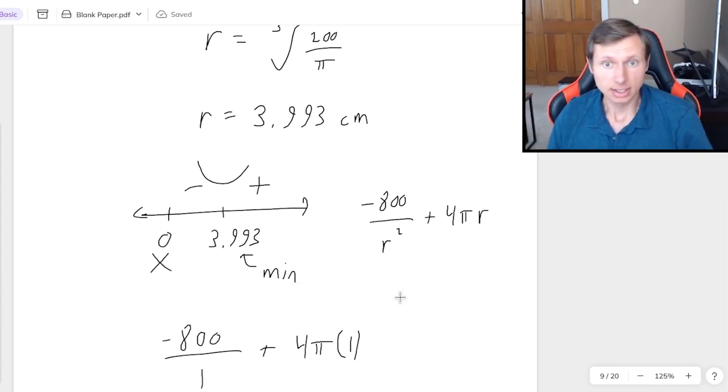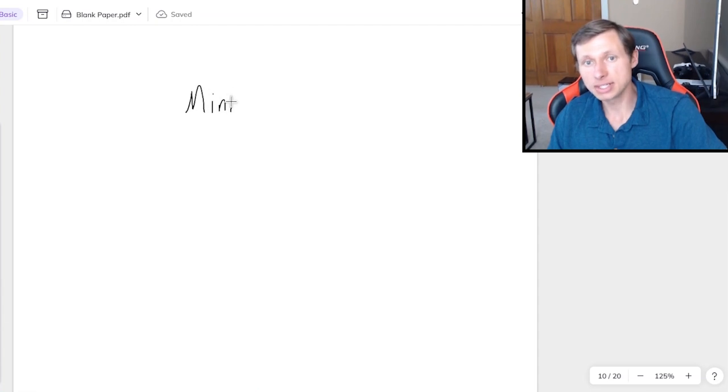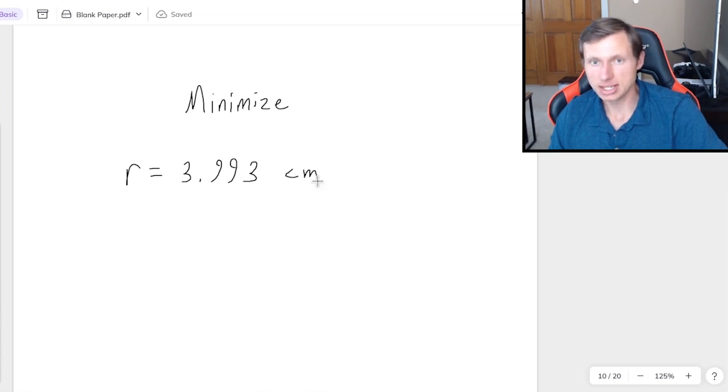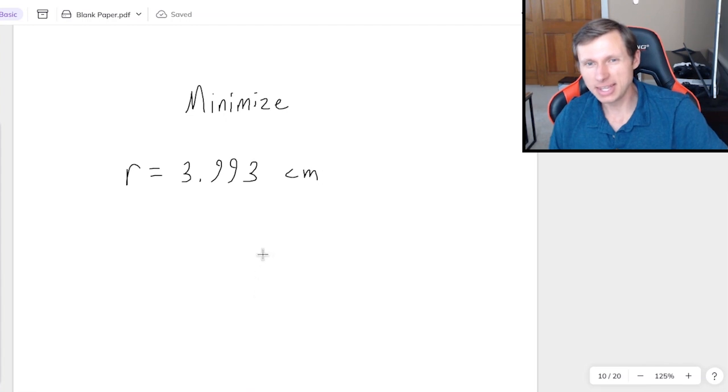Is that good? Yes, because what did the question ask for? We wanted to minimize the amount of material we were using, which is going to be a radius of 3.993 centimeters. And remember, step 5, what did the question ask for? The question wanted to know the dimensions, radius, and height. Okay, so how are we going to find that height?